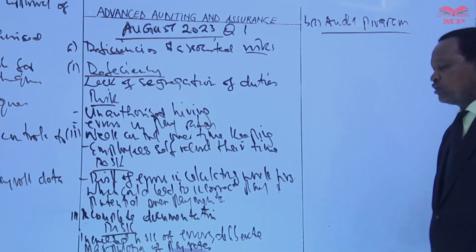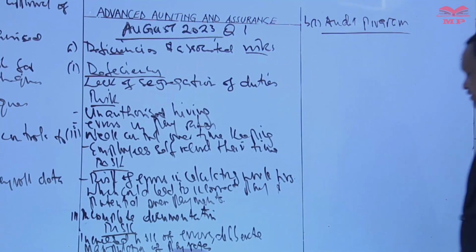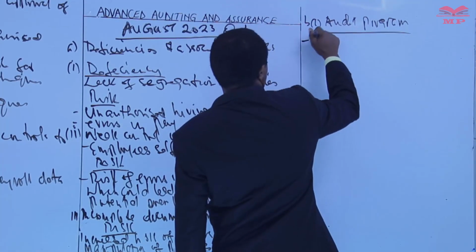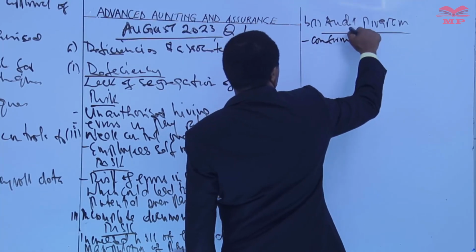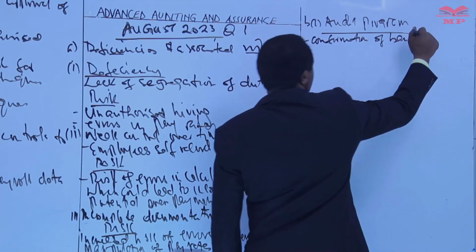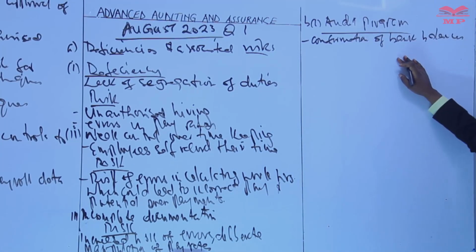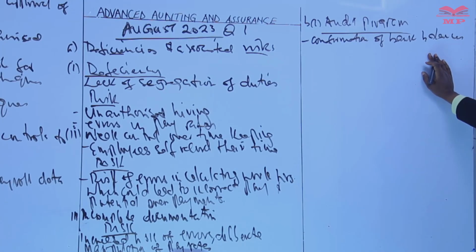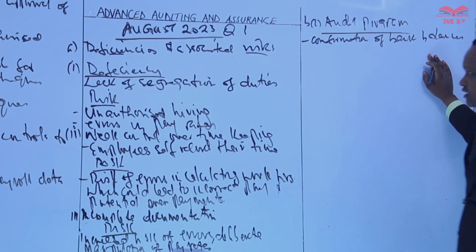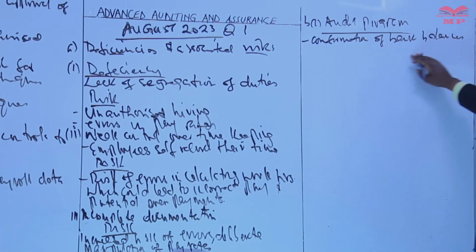One is confirmation of bank balances. You have to do a confirmation of bank balances. You have to obtain bank confirmation letters directly from the client's banks, then verify the accuracy of the bank reconciliation at the end of the year, because the company is required to have done a bank reconciliation at the end of the year.